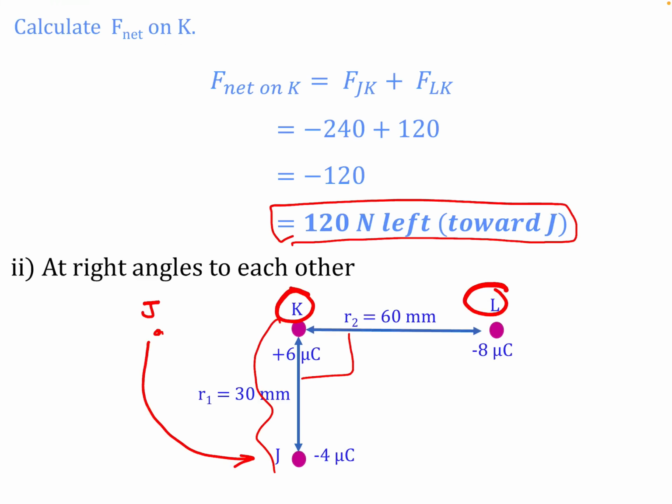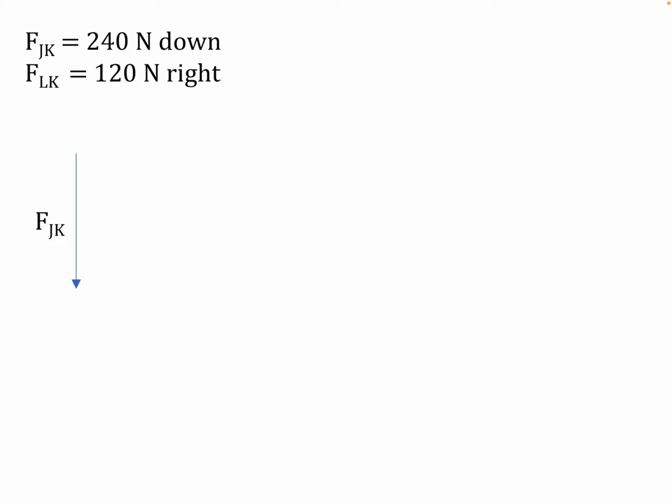So we already knew this, but now, watch here, K is attracted to J. So K is going to move down because of J, and it's going to move to the right because of L. I can't do left, right, positive directions here. So it's 240 newtons down. We calculated the 240 earlier. It's also 120 newtons to the right.